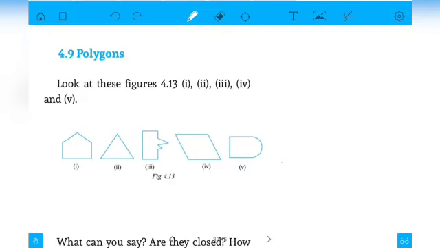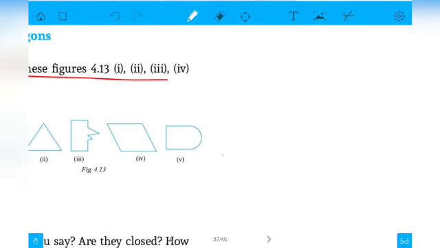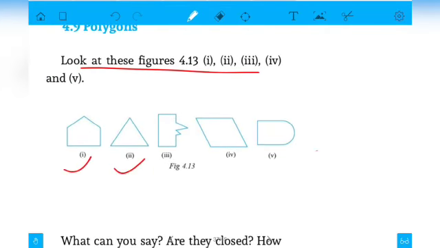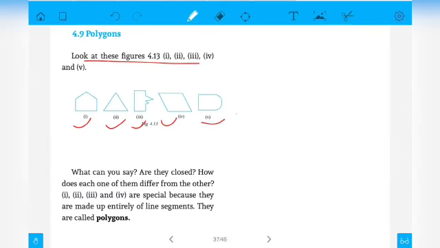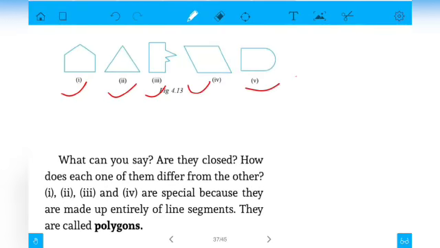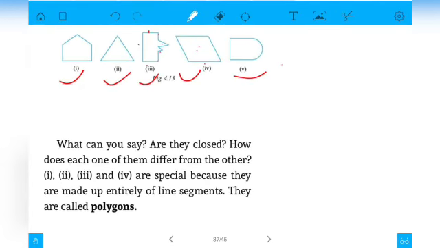polygon. You have seen different types of polygons in mathematics generally. Look at this figure, this one and this one. What you will notice is that there are a number of sides. Are they closed? How does each one of them differ from the other?